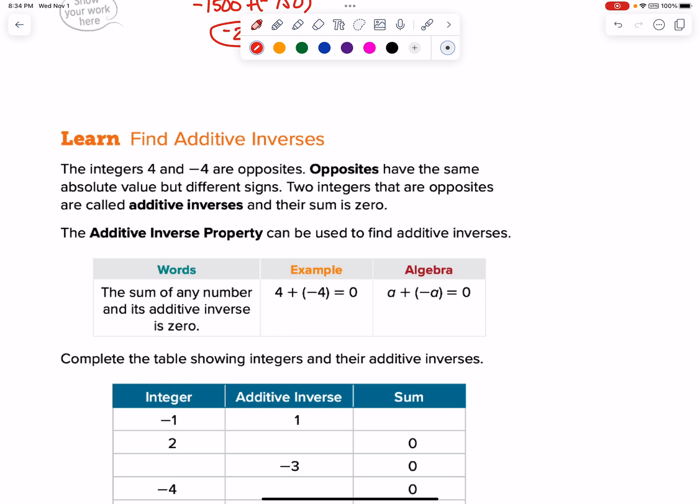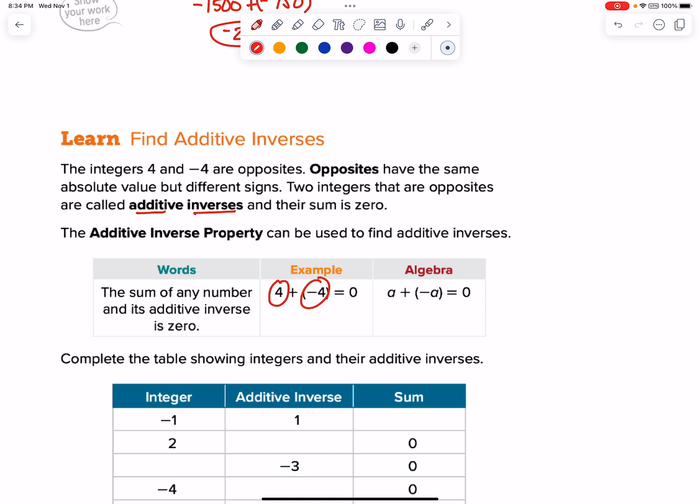Now, one thing to just be aware of is it's important to know what creates a zero pair, which is also called additive inverses. Okay, so basically, what can you add to it to cancel it out or inverse it so that you're canceled out and you are now zero? Okay, and so they give you the example of a positive 4 plus a negative 4 is the additive inverse.